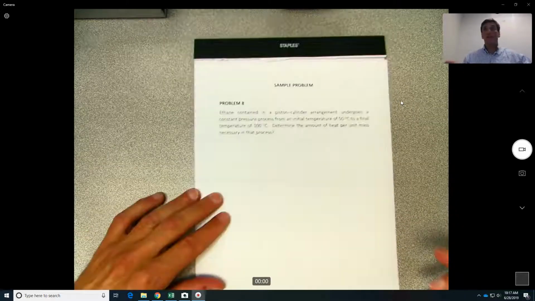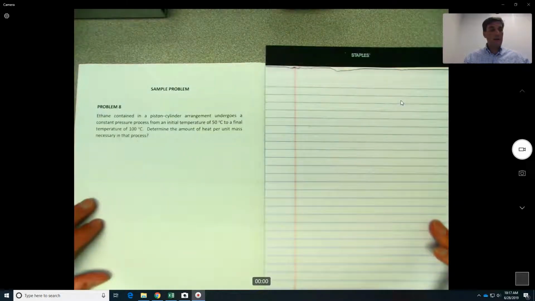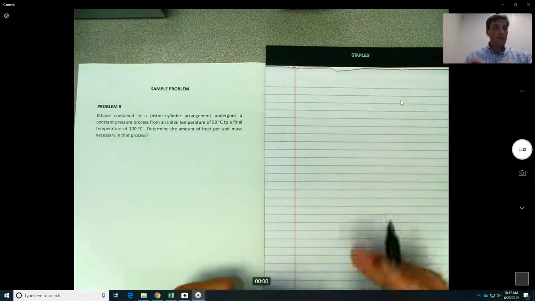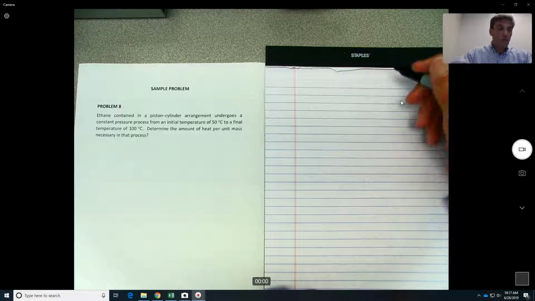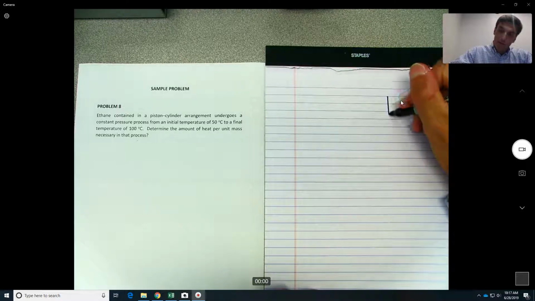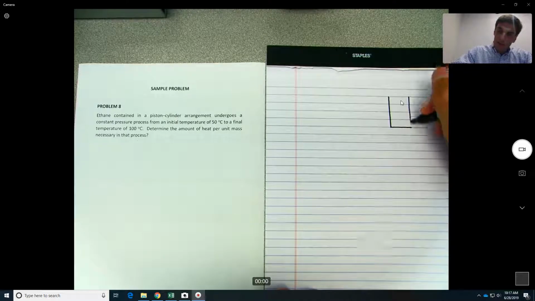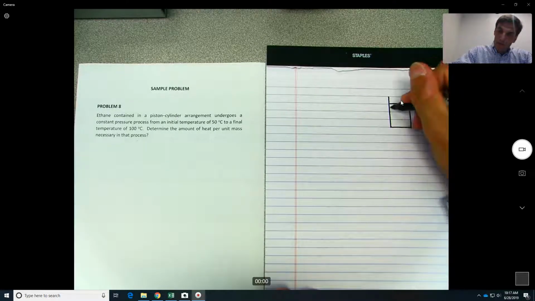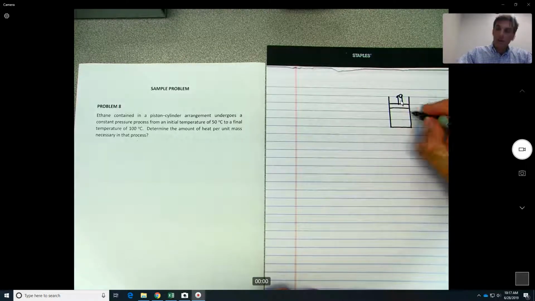All right. So this is the problem. Let me read it. Ethane contained in a piston-cylinder arrangement undergoes a constant pressure process from an initial temperature of 50 degrees Celsius to a final of 100 degrees Celsius. So this is our piston-cylinder arrangement.